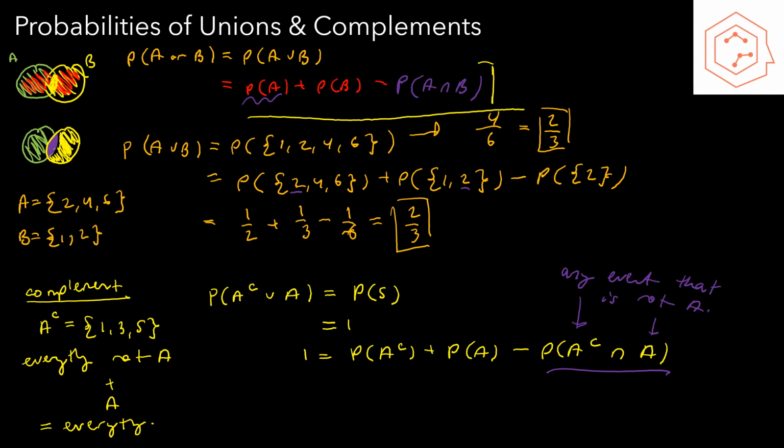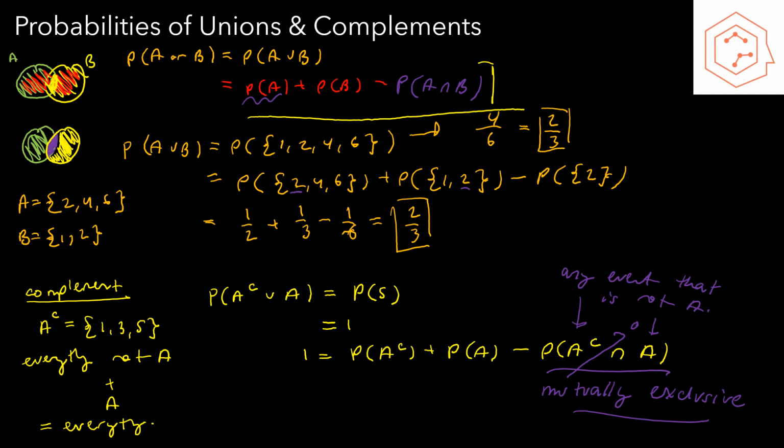So they will never both occur at the same time. So this is equal to 0. And another word for that is mutually exclusive. So whenever the intersection between two events is 0, that means the two events are mutually exclusive, and that means they cannot both occur at the same time.